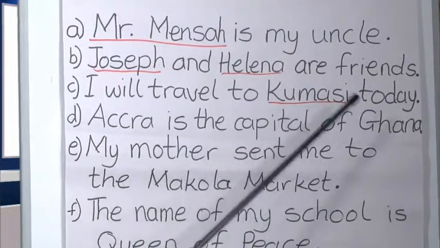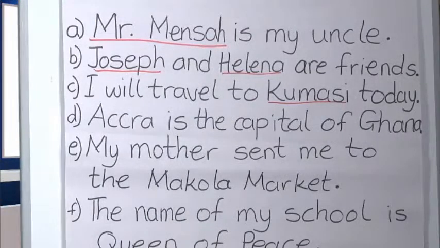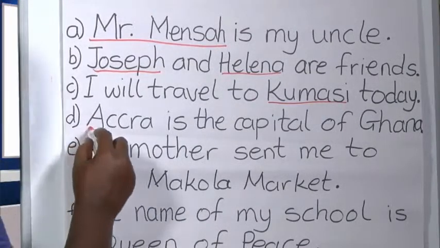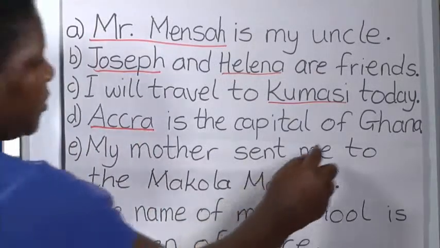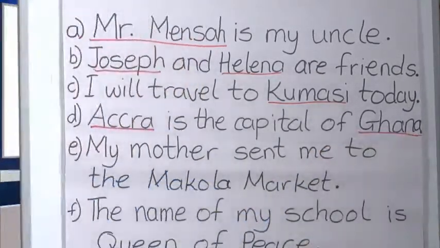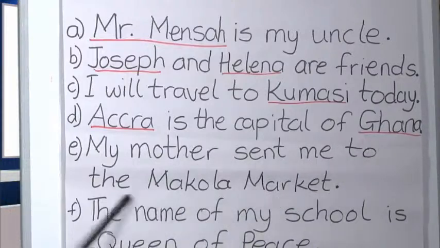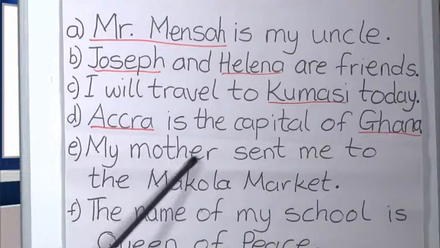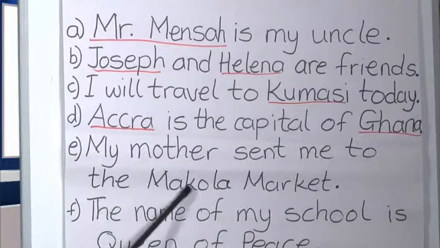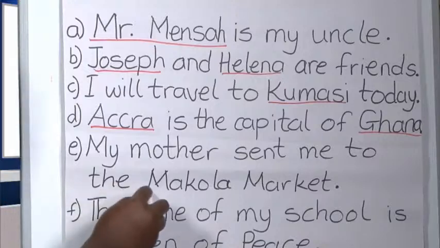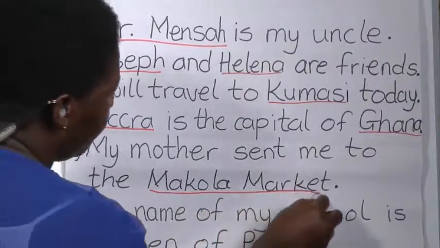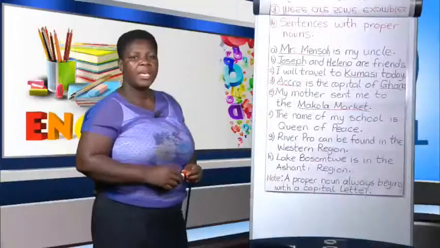We have Accra and we have Ghana as proper nouns. My mother sent me to the Makola market. And in this sentence, we have Makola market being the proper noun.